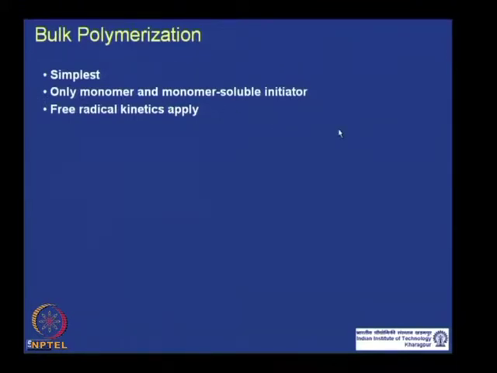Bulk polymerization is, as I said, the simplest polymerization. You take the monomer and an initiator which is soluble in the monomer, dissolve the initiator, and heat the monomer to initiate the reaction. And obviously, what is the advantage here?